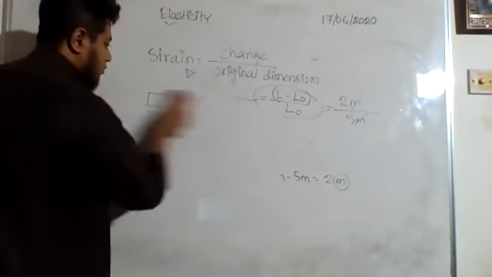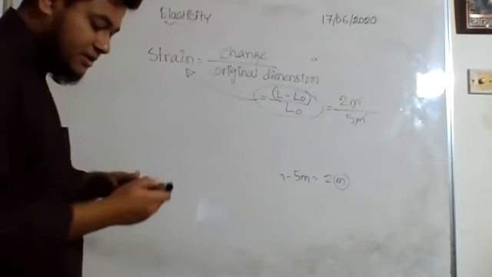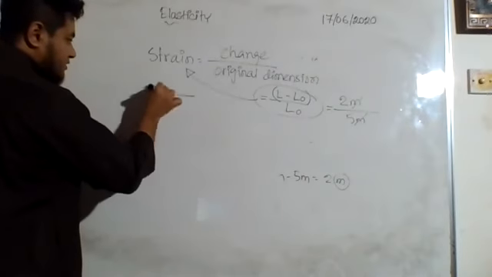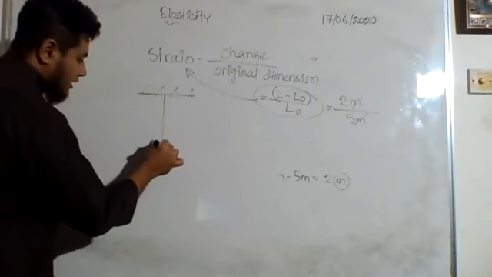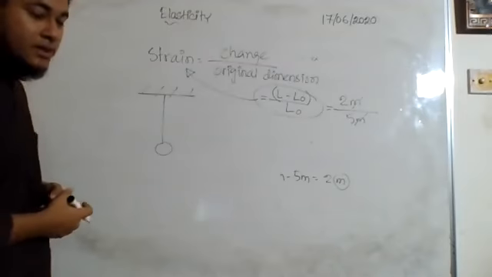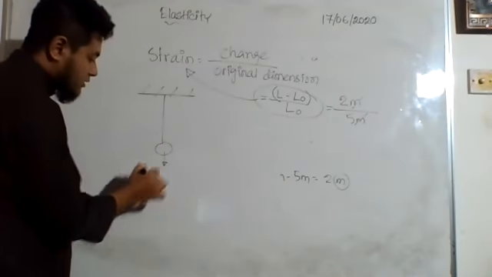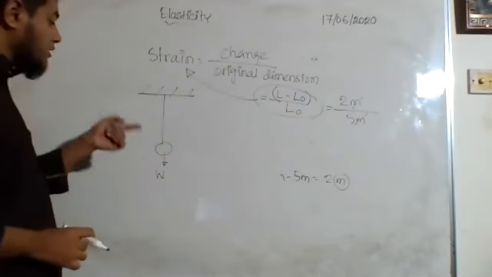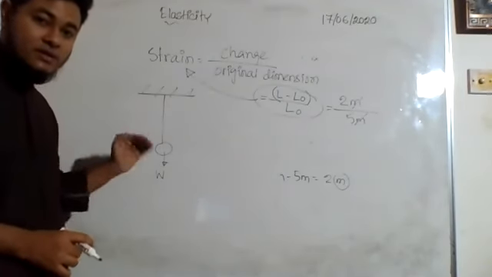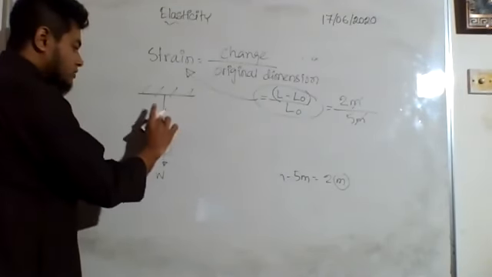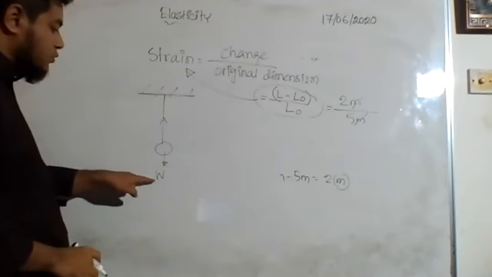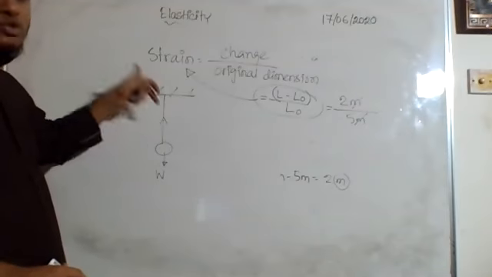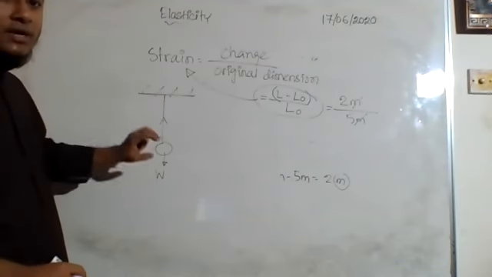Here is a rigid support, and from it we hang a ball or any object with a thread. Now definitely due to the weight of the object, the body will want to go down. That is W. Now if I want the body to remain here, then I have to apply a force in the opposite direction of this weight, in the upward direction, which will balance the weight and keep the body at this place.